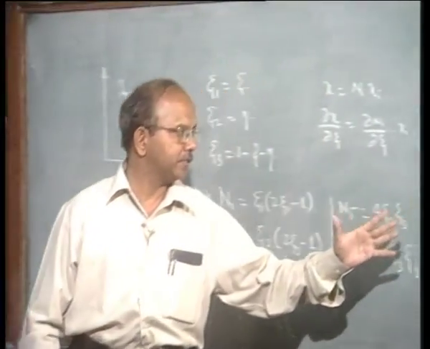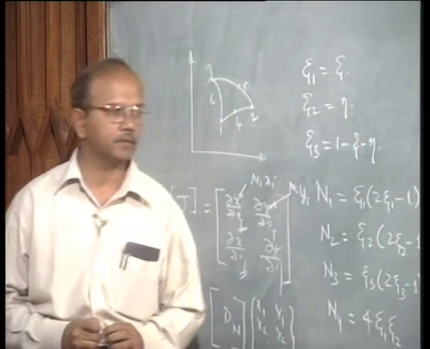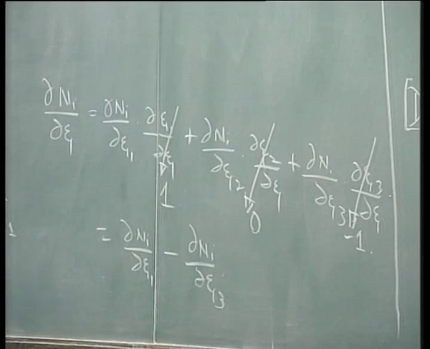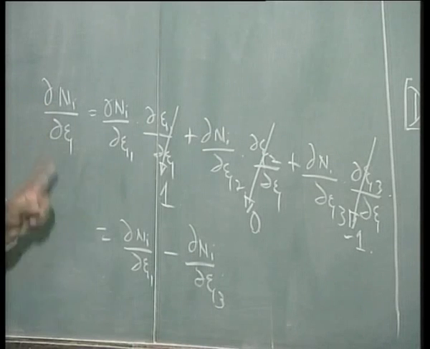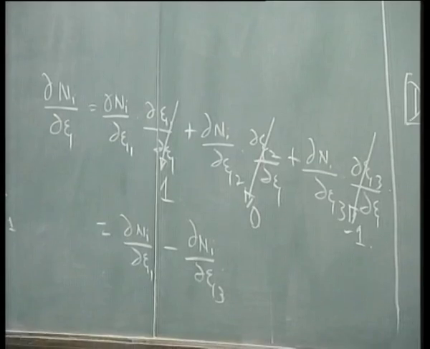Yeah, have a look at these things. All these things should be in your notes, so just calculate them. What is the first entry? dou n1 by dou psi. So what is dou n1 by dou psi? Look at this. One minute. dou n1 by dou psi is dou n1 by dou psi 1 minus dou n1 by dou psi 3.